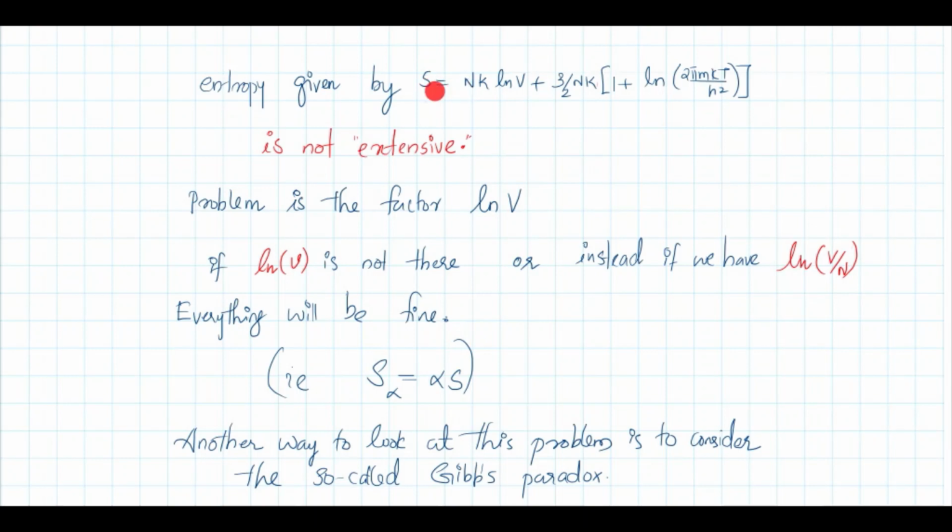Then your equation will be correct. So either log V should be absent, or this log V should be log V by n, to make entropy an extensive property.